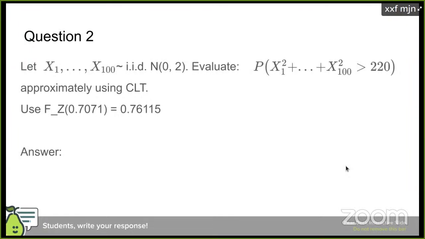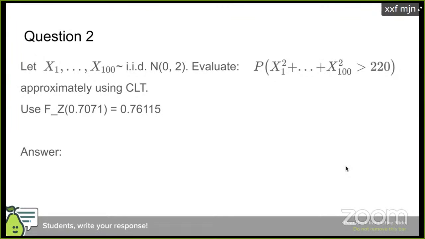Alpha 1 by 2 and beta 1 by 4. Correct. Alpha is 1 by 2 and beta is 1 by sigma square. So use that information to solve this problem.